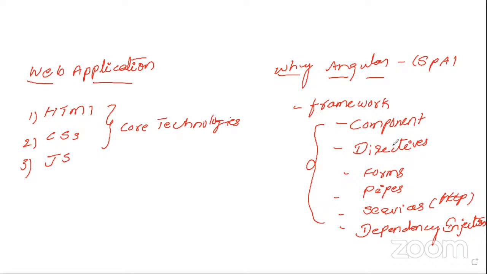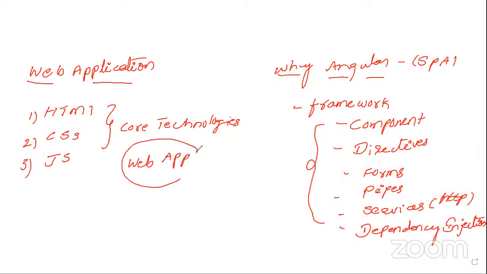So let me explain how component is going to help. I'll just give one simple example and I'll just move on to the application creation. Guys, every application, if you see any web application, whether it is a web page, website, or a web application, instead of saying website, we'll say web app.